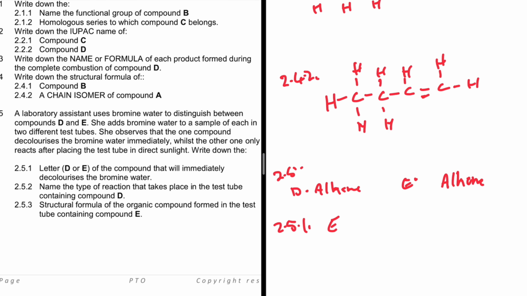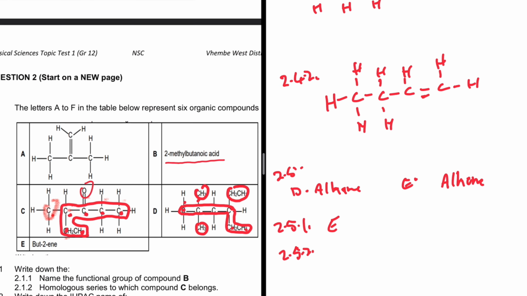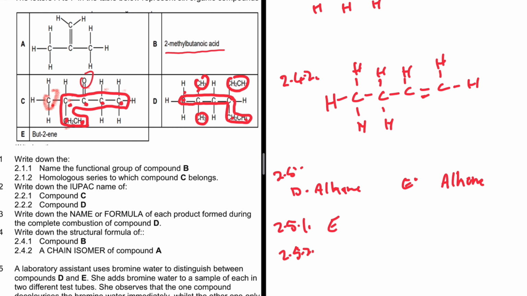Because we're going to have an addition reaction take place there immediately without sunlight, as you would need if your compound is an alkane. And then 2.5.2, name the type of reaction that takes place in the test tube containing compound D. Compound D is the alkane, right?